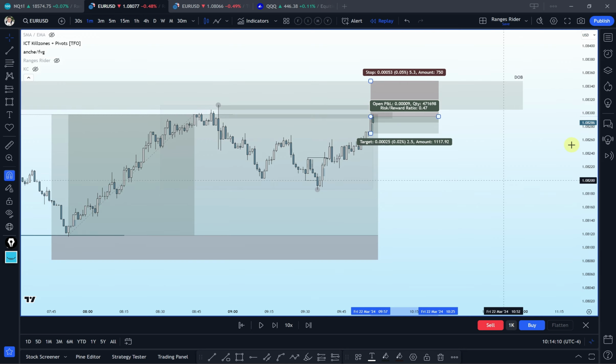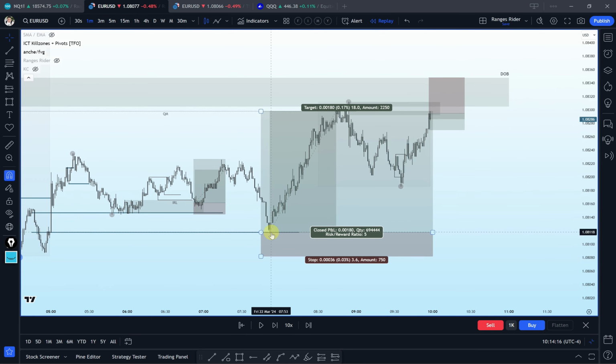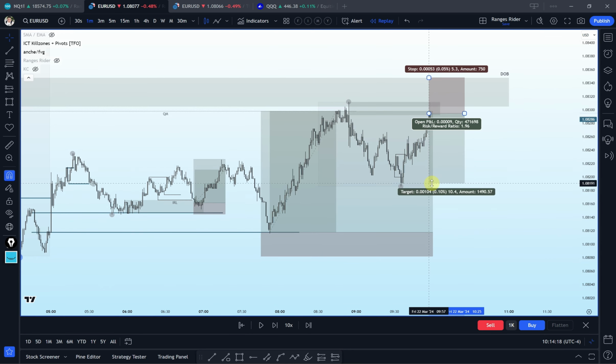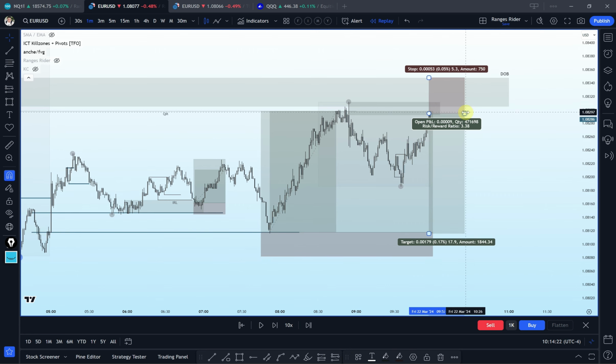We check here our target. If it reaches our target, maybe the first target is here, if it can offer us a 4 to 5. So it is offering 3.38 if we cover the whole DOB, decisional order block.